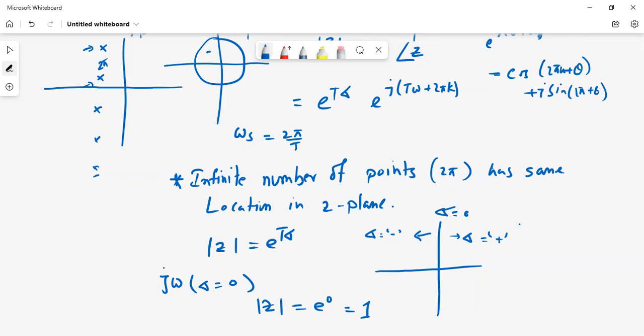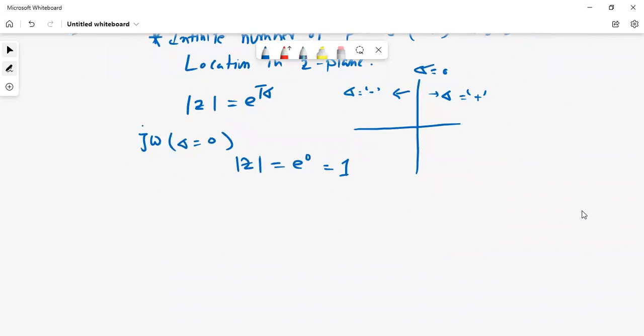So the Z plane can be given with a magnitude of 1 with a variable angle. So the j omega axis in the S plane can be mapped by a unit circle. With a magnitude of 1, that will be equivalent to the j omega axis. So in the Z plane, this is what we have.